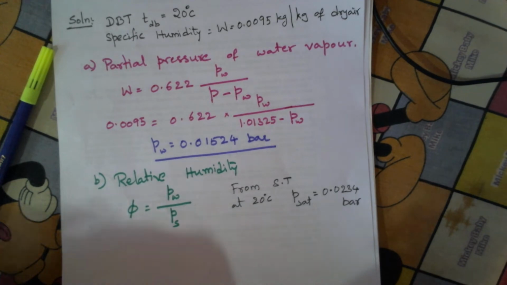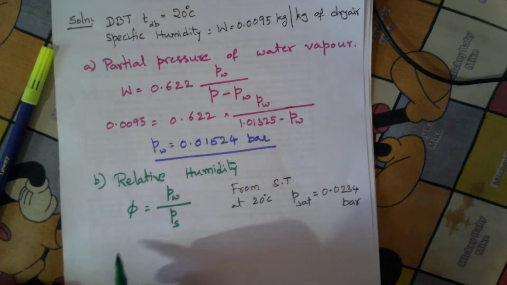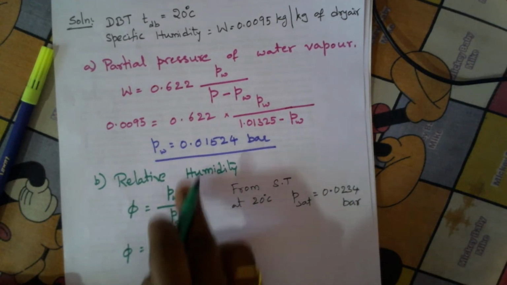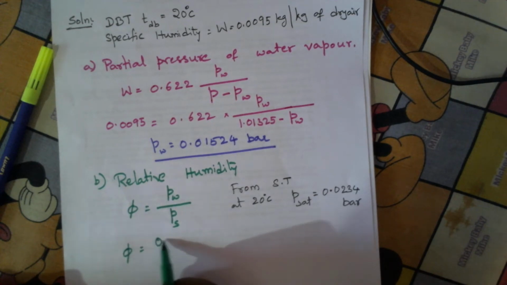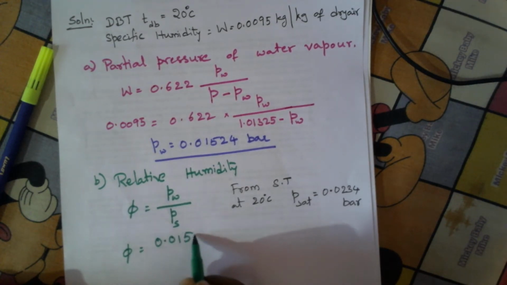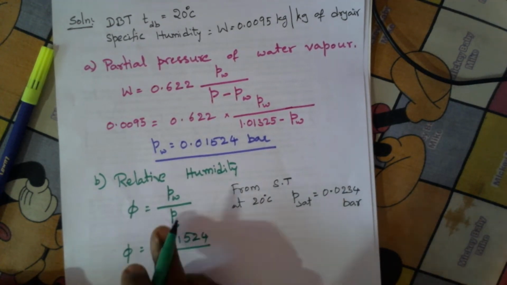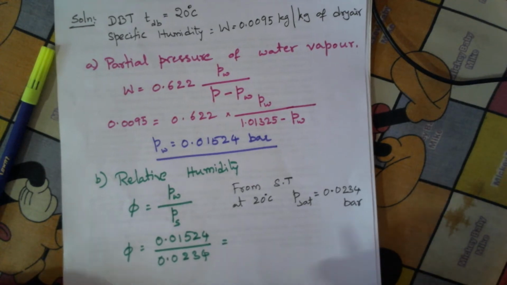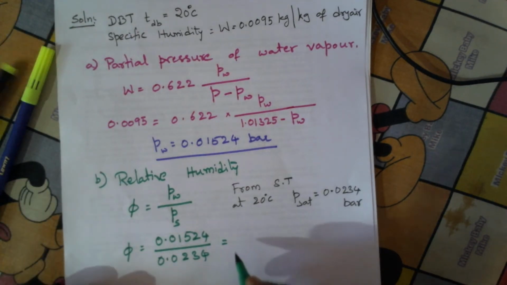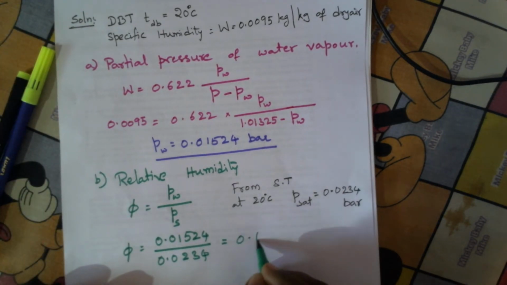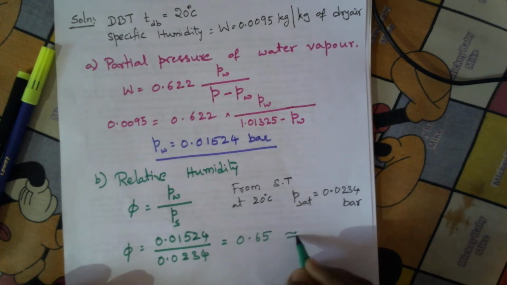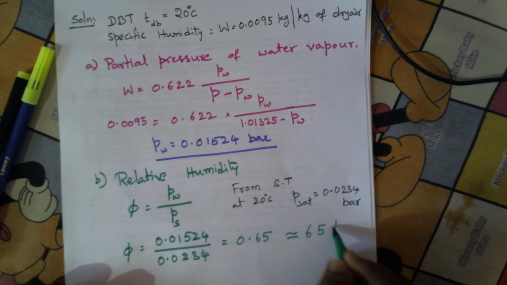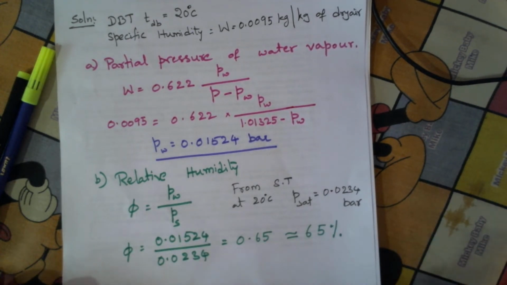Simply substitute the values. Therefore, phi is equal to Pw, just now calculated as 0.01524, divided by Ps, from the steam tables obtained as 0.0234. If you calculate this, it comes to 0.65, or the same is equal to 65%. This is B, relative humidity.